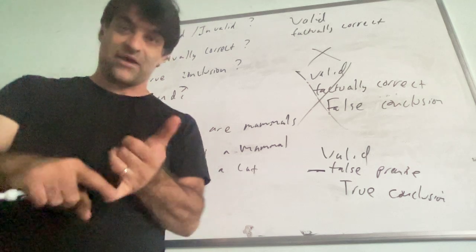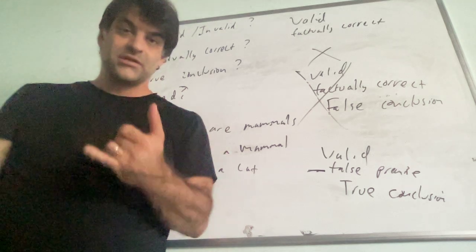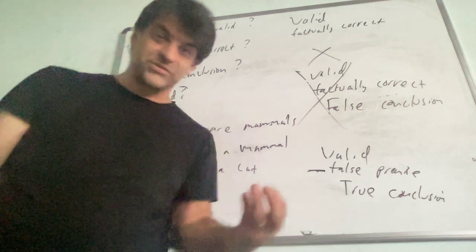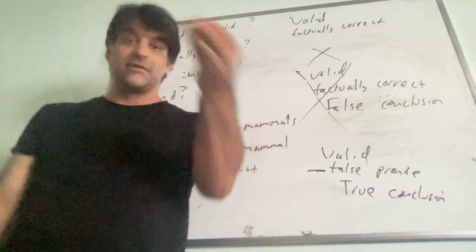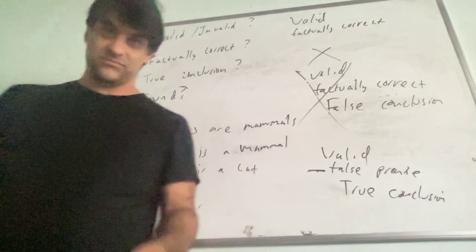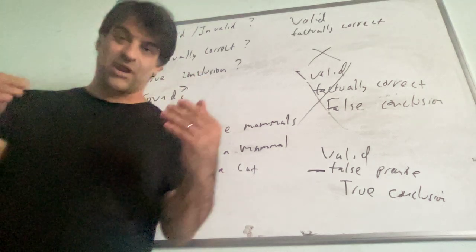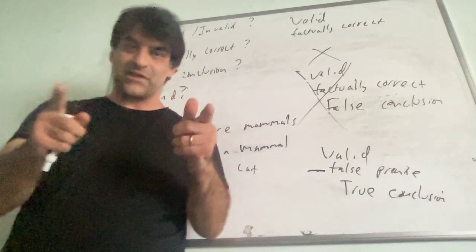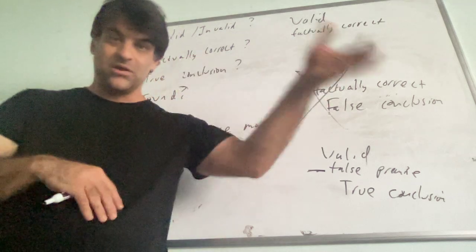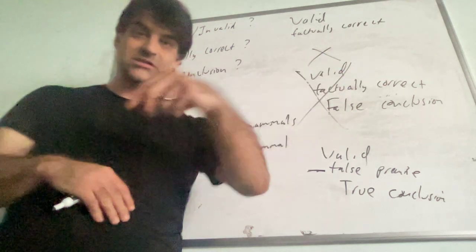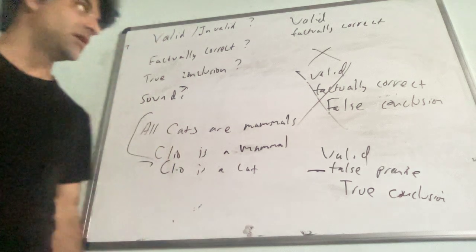And those are not sound, but they have a true conclusion. So, true conclusion doesn't equal sound. Sound guarantees true conclusion. Cats and mammals, squares and four-sided figures. All sound arguments have true conclusions. Not all arguments with true conclusions are sound.